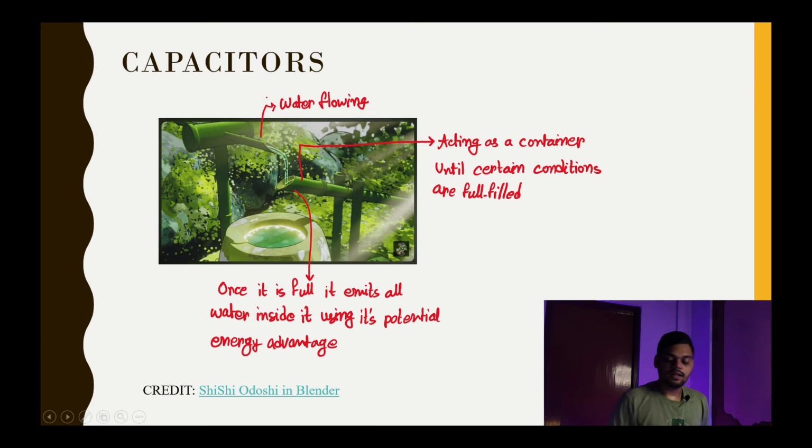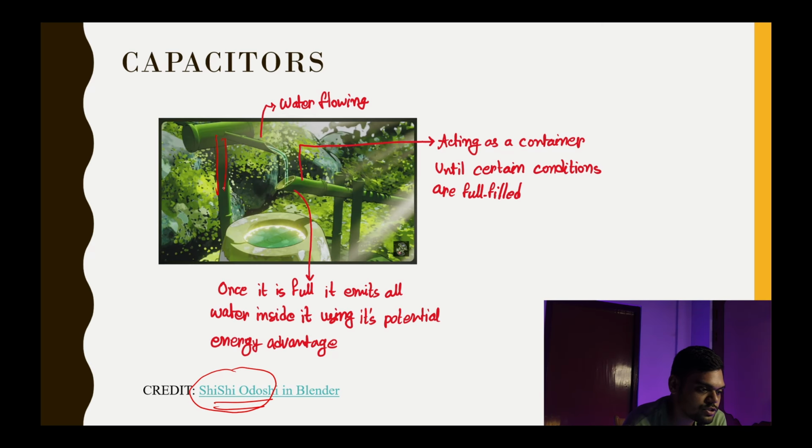Now capacitors, these are very interesting. So we have an analogy here also. We have something called shishi odoshi. It's very famous in Japan. We have a bamboo structure here, from which water flows into another bamboo structure which is pivoted at some point.